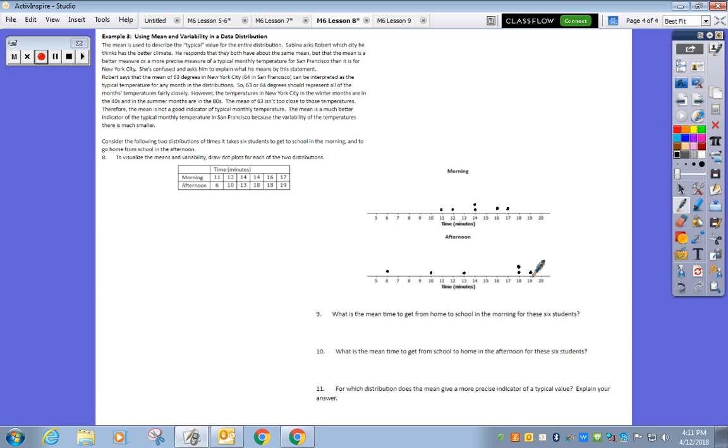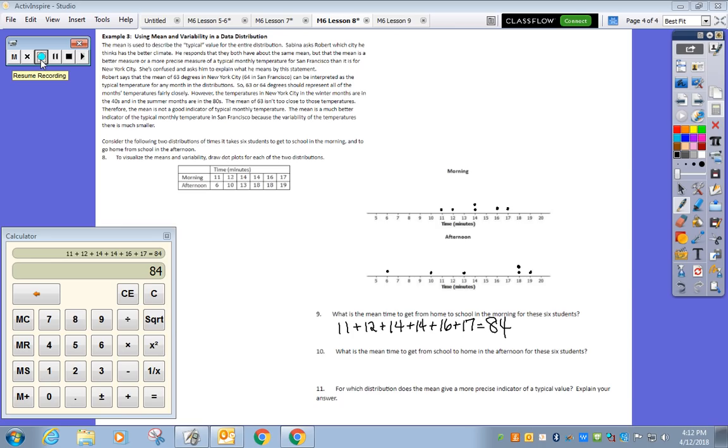What is the mean time to get from home to school in the morning for these 6 students? So we would be doing 11 plus 12 plus 14 plus 14 plus 16 plus 17. So we're taking our total, and in this case, our total is 84. And then we're going to take our 84 and divide it by the 1, 2, 3, 4, 5, 6 students. So we'll do our 84 divided by 6 and get 14.